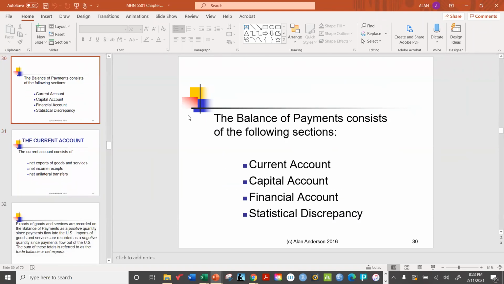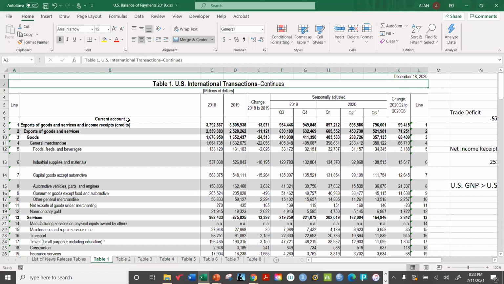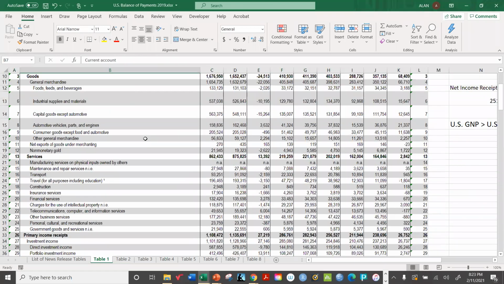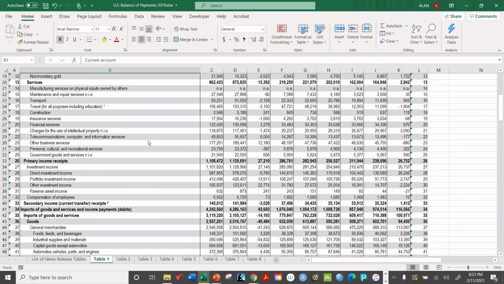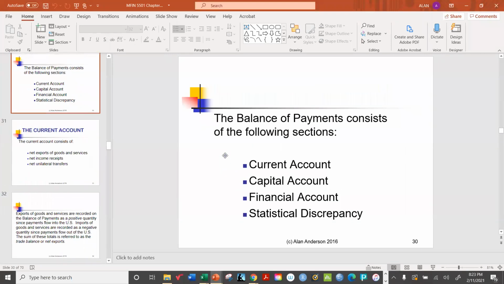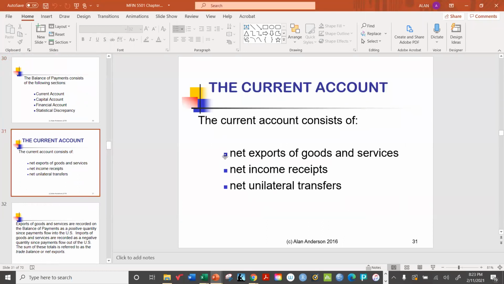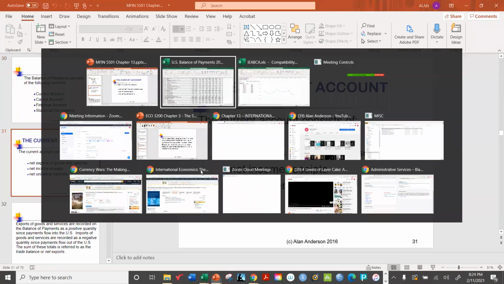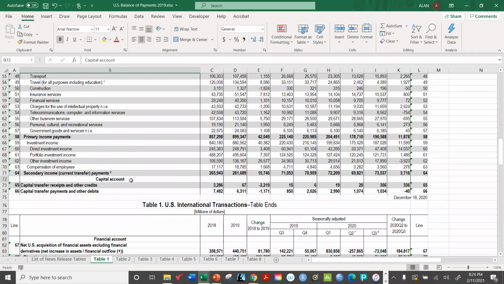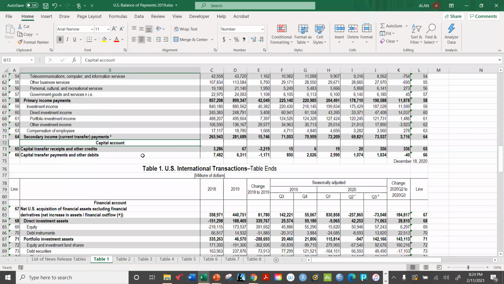So what we're going to do is look at these one at a time, and we're going to match them up. You see right here, it says current account. The current account is actually a broader measure of our international trade, because it basically incorporates the trade deficit with a few other items. We also have the capital account, which is really tiny.